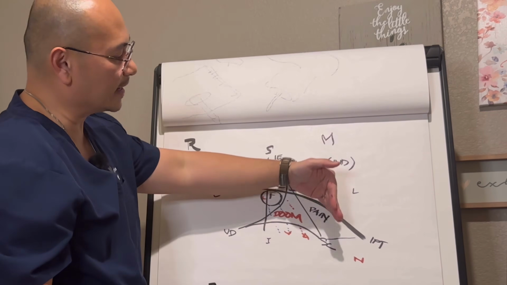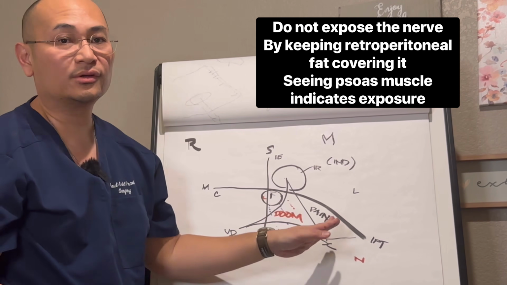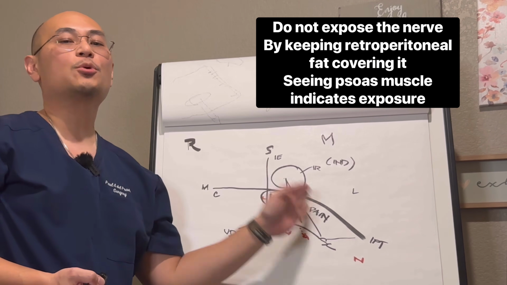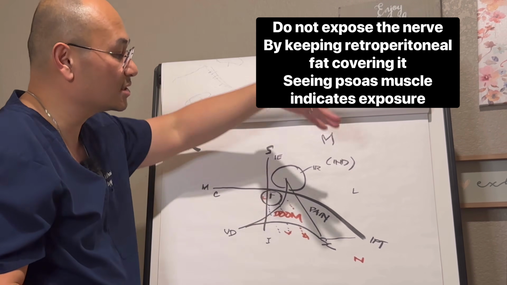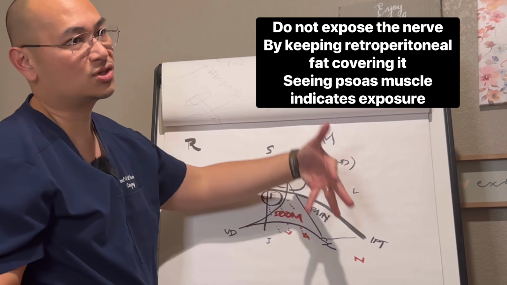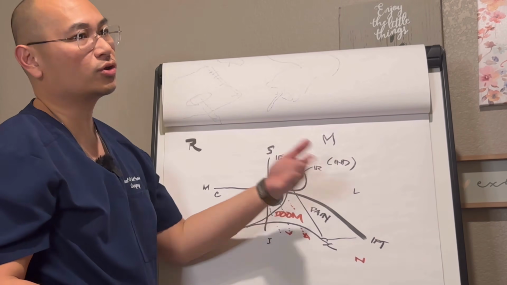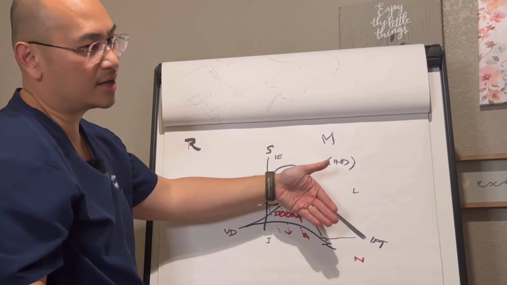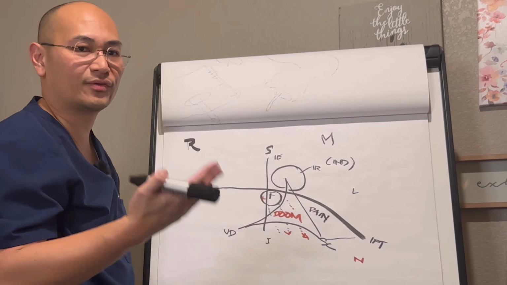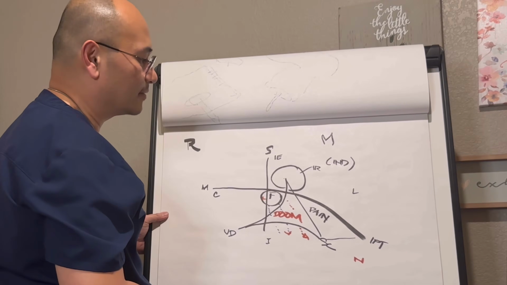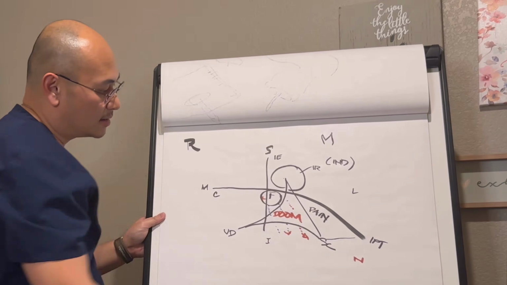So when we're dissecting this area, you want to keep the fat down and avoid complete exposure of your psoas muscle because the extent of dissection includes exposing the psoas, but it has to be covered, but you don't want to expose the nerves because I prefer not to put the mesh on top of the nerves and cause some scarring around it and then end up with chronic pain. So there's our triangle of doom and triangle of pain.